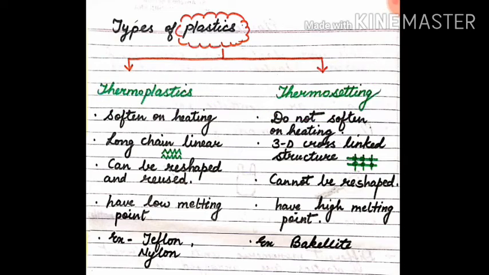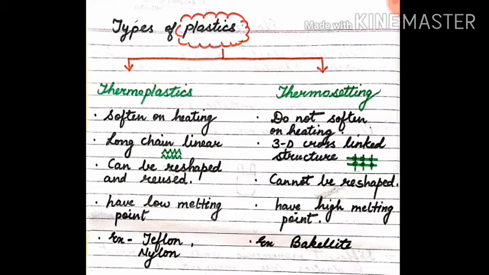Thermoplastics are softened on heating, means thermoplastics can be given the desired shape by melting them as and when needed.